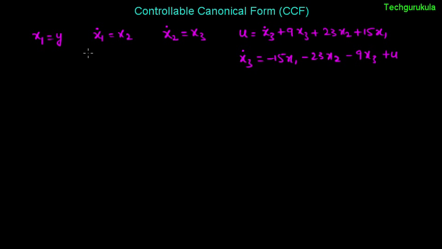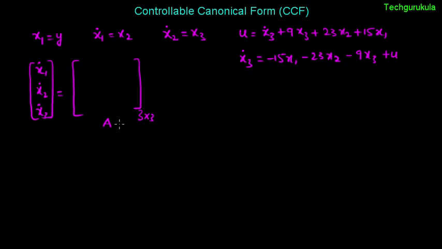We're trying to represent them in the standard forms of state equation and output equation, where we know they should be represented as the vector x1 dot, x2 dot, x3 dot equal to the matrix A, which will be 3 by 3, because the matrix A depends on the order of the system. The order of the system is 3, so the dimensions of A will be 3 cross 3. We have 3 state variables x1, x2, x3, and the matrix B, which is 3 cross 1.